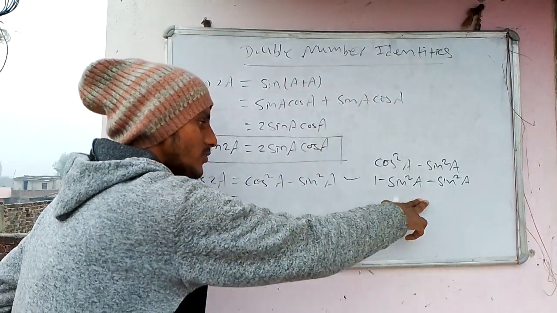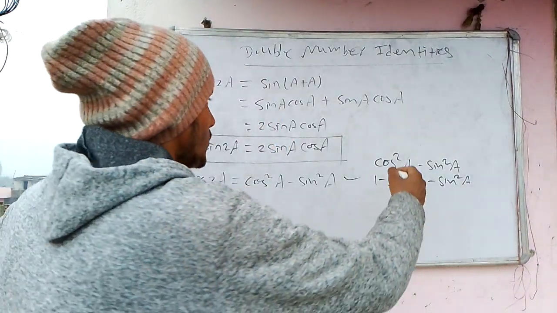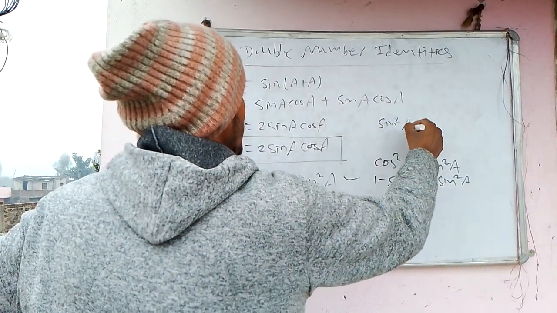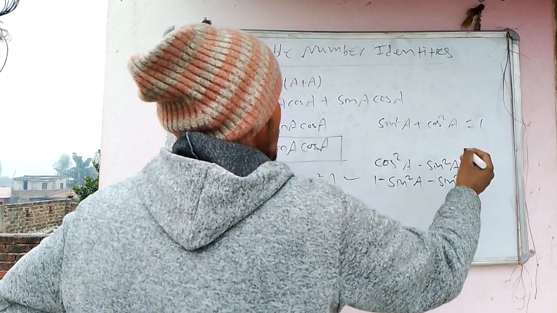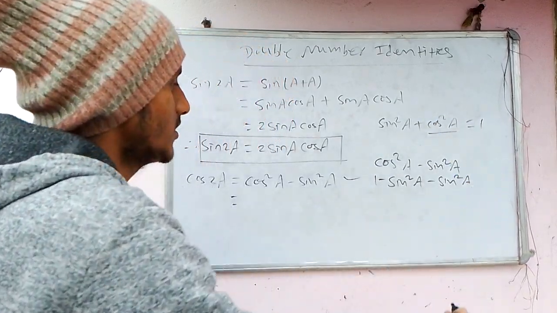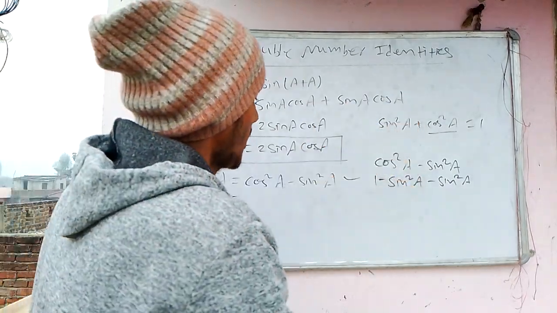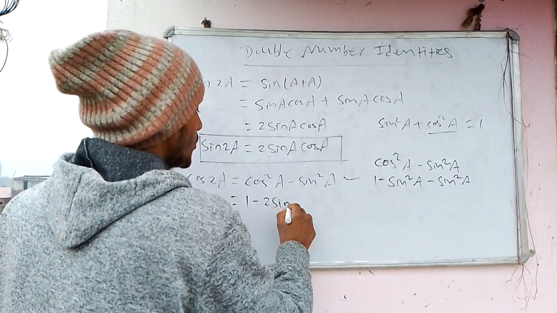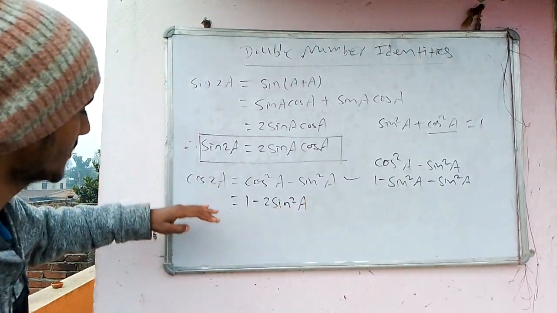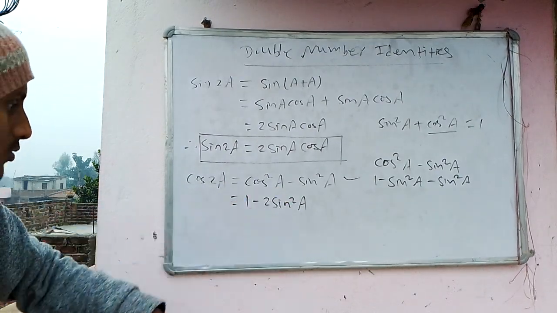It is going to be 1 minus sine squared A. You replace it with that, and you have your formula ready. This will be 1 minus 2 sine squared A. So you can write the same thing in terms of sine only.